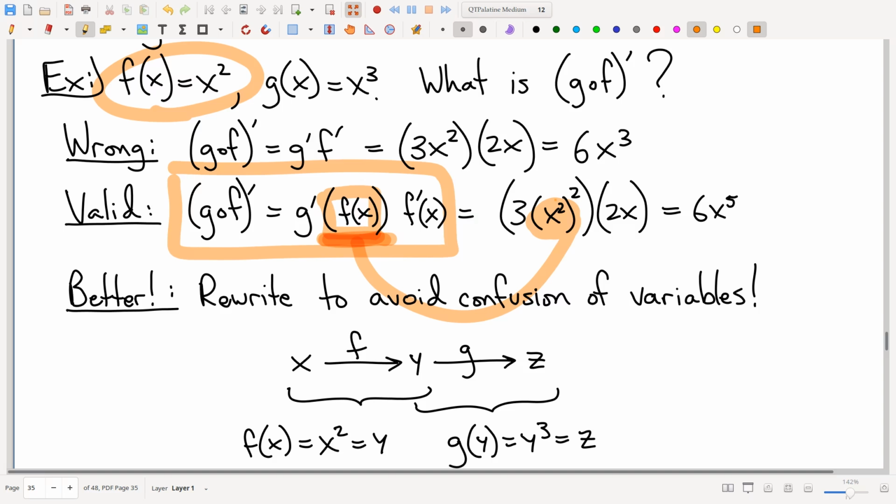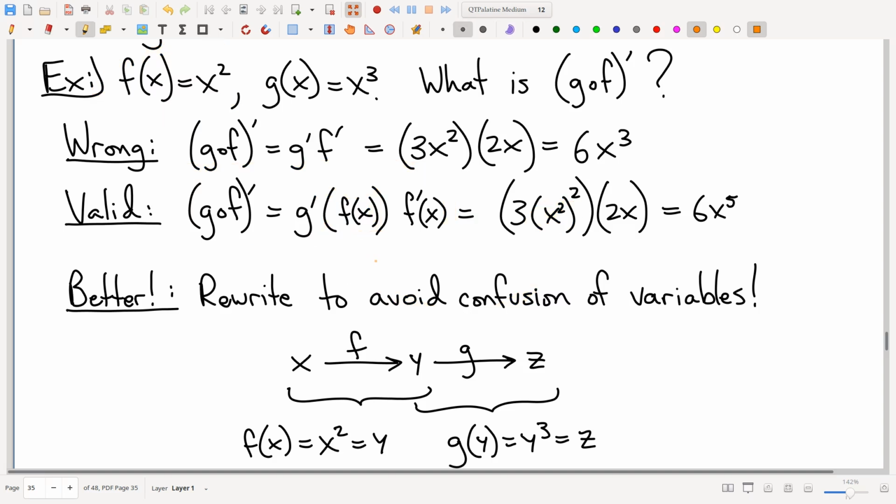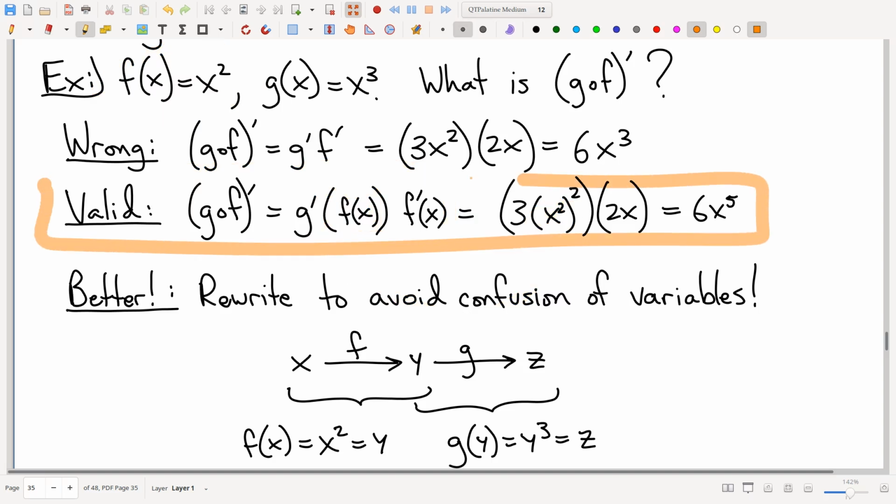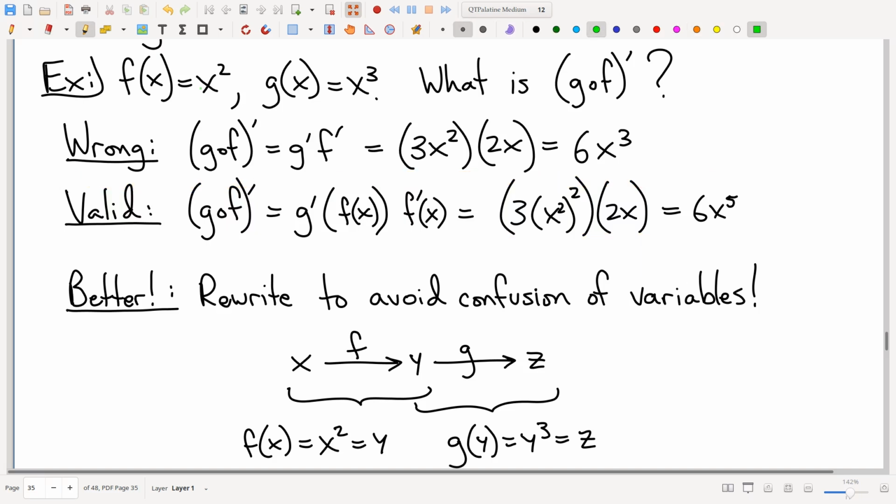But I think there's a much easier way around all of this. I think even this one that I write as being valid is unnecessarily confused and clunky. It is so much simpler just to recognize that I am indeed composing f with g.